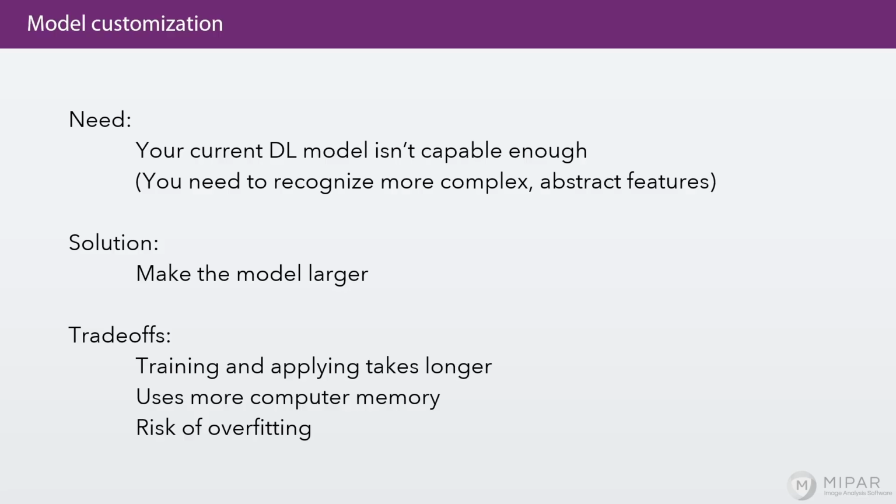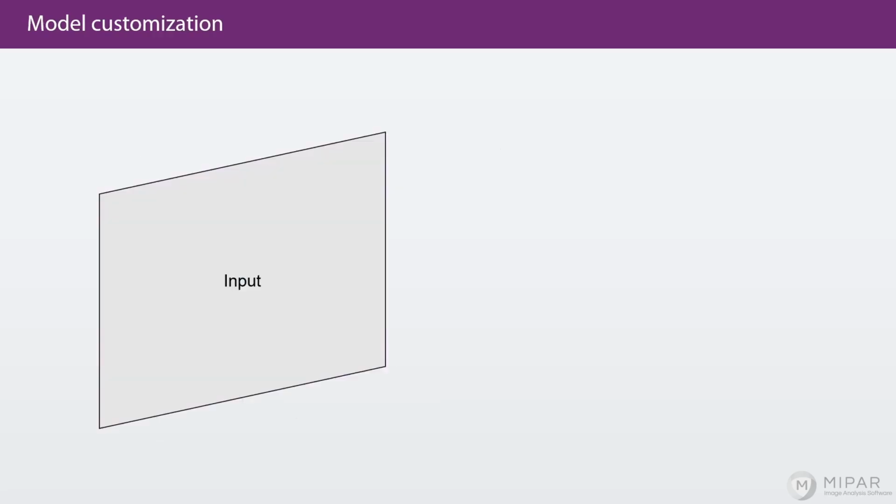Now, before we get into the actual parameters that MIPAR lets you adjust, let's do a brief overview of the architecture of a deep learning model, specifically a convolutional neural network. Again, this is just a very high level. I'm leaving out a lot of detail. This is just enough so that you can understand what new parameters MIPAR has exposed.